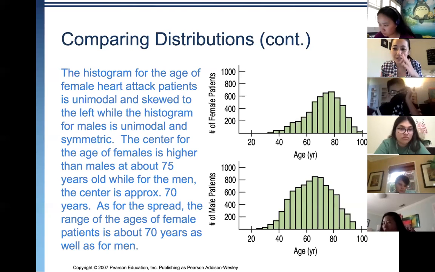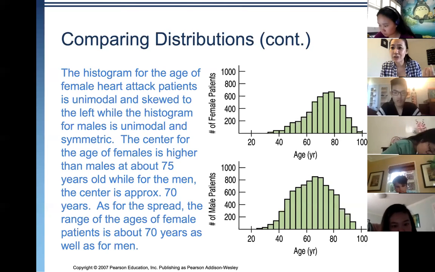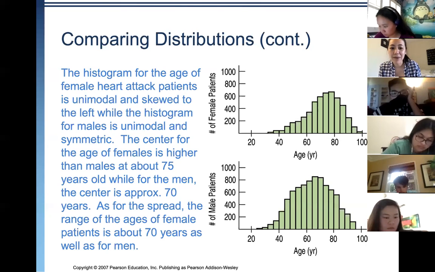So my final answer to this would be something more like this. The histogram for the age of female heart attack patients is unimodal and skewed to the left, while the histogram for males is unimodal and symmetric. The center for the age of females is higher than males at about 75, while for men, the center is approximately 70.